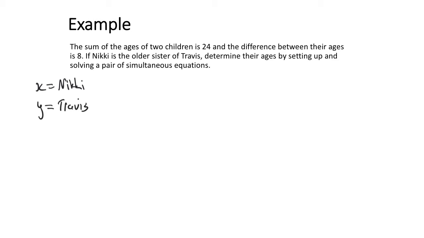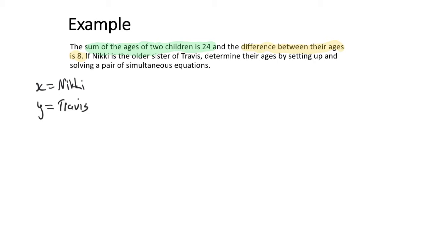Now that we've defined our two variables, we need to come up with two equations based on the information in the question. Having a look at the question, we know that the sum of the ages is equal to 24. And we also know that the difference of the ages is 8. So we can use this information to come up with the two equations.